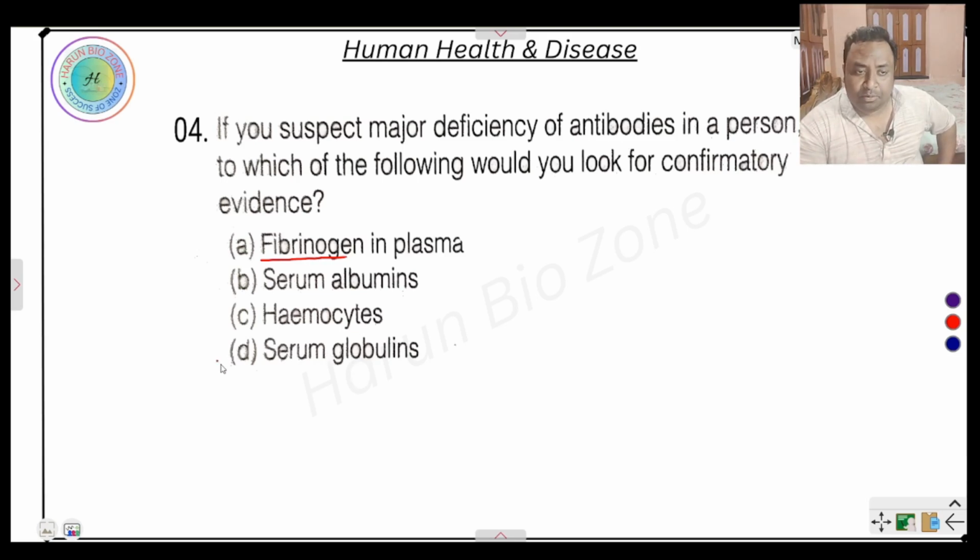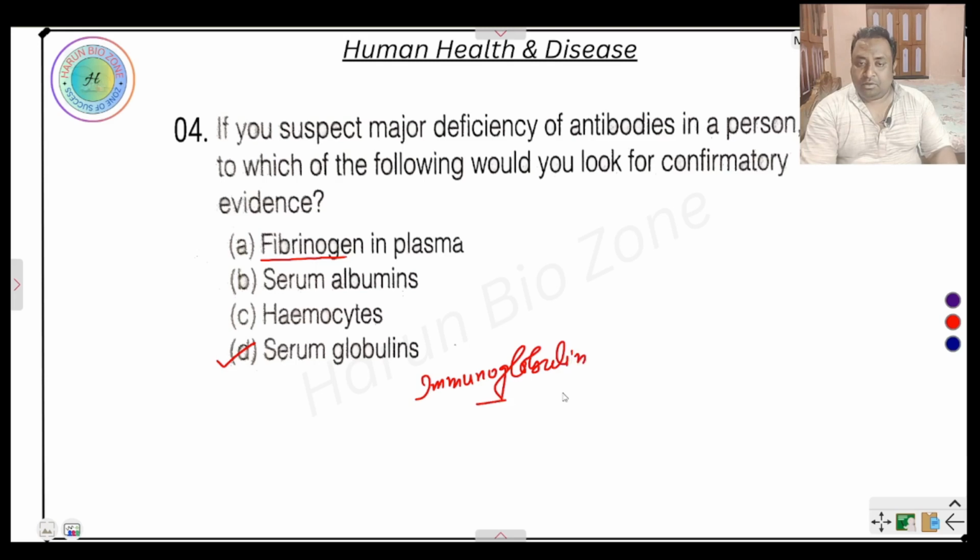The serum globulin test is necessary to identify the major deficiency of antibodies in blood, because blood antibody is made of immunoglobulin protein. So you can find globulin protein. If the concentration of globulin protein is decreased, then the patient suffers from major antibody deficiency disease.